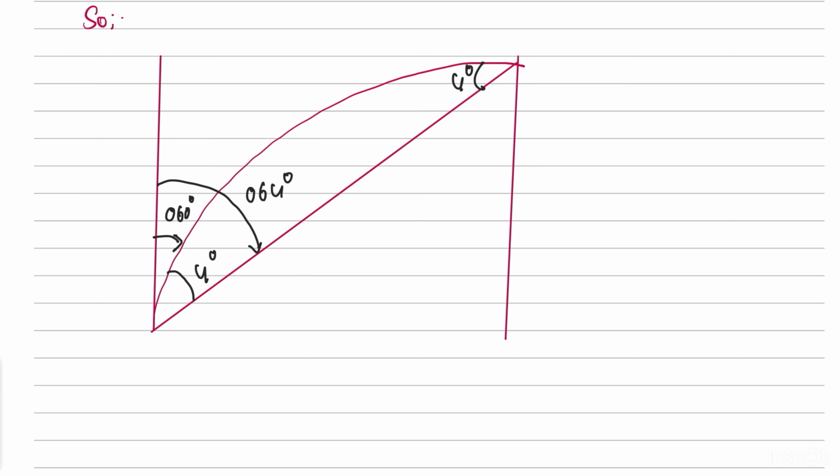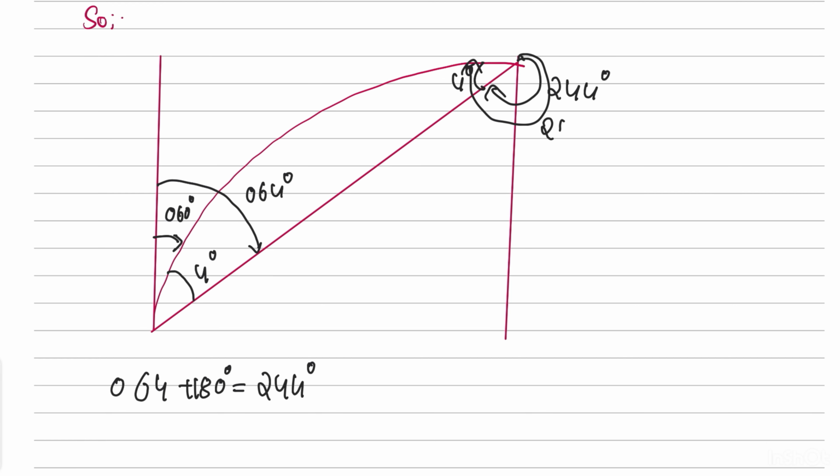Now at the back, the reverse will be 64 plus 180. Let me calculate on the calculator. Just a second. Okay guys, we got our answer, 244. So we will write here 244. Then the total great circle at B is 248.